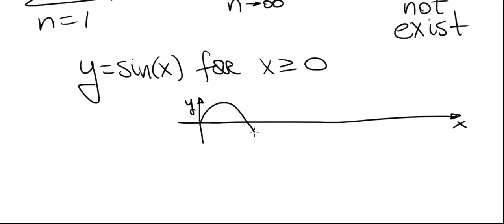So it's a wave like this, and as we put in positive integer values of x into sine of x, we do not get values that are heading toward the same place, which is what a limit has to have.